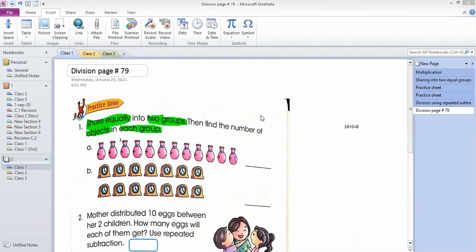This is not the answer. There are total 12 vessels and you have to divide into two equal groups. Sam Shamir, very good.